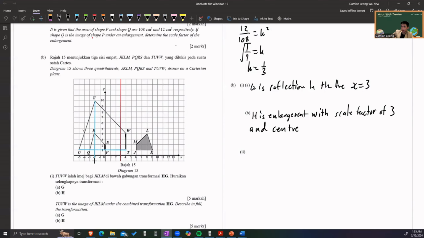They intersect at this point here. I can even connect, say, W and S, and they intersect at the same point as well. So it is negative 2, 1. Very important, you must get the scale factor and the center correct.